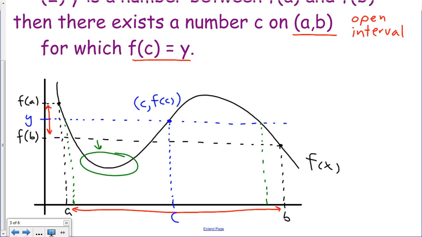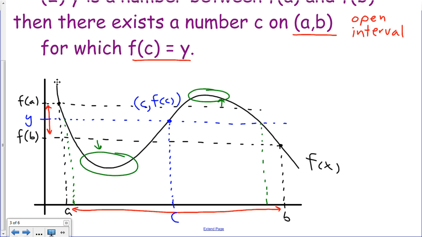Same is true if I continue f of A all the way across here. Same is true for this little spot right here. Even though my function is continuous still there, even though I know that I can plug in a C value into my function and get those y values, it doesn't say anything about those because of the fact that those are outside of this range from f of A to f of B.